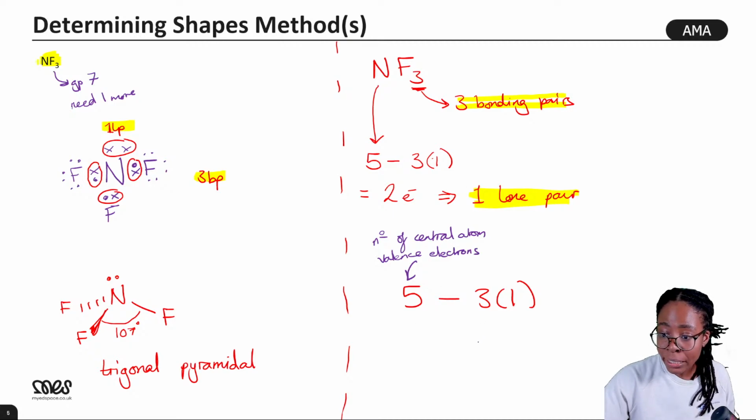The 3 comes from the number of bonds. And then the 1 comes from the number of electrons that each bonded atom needed.